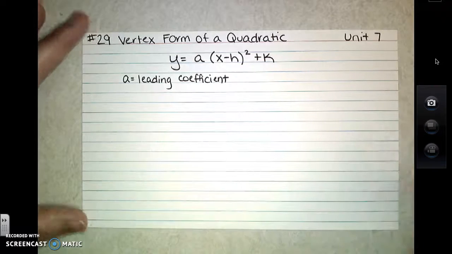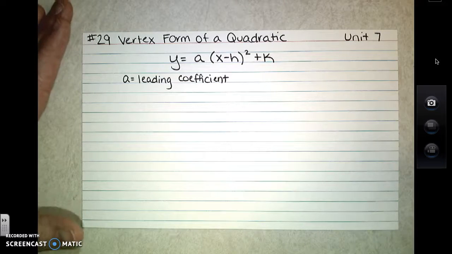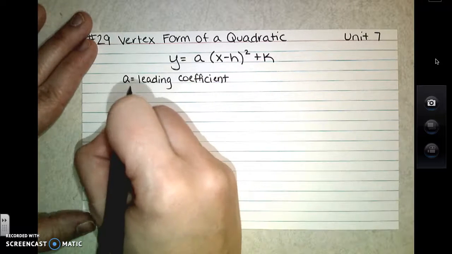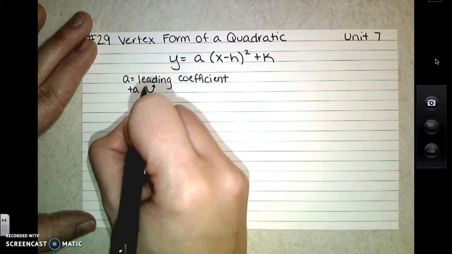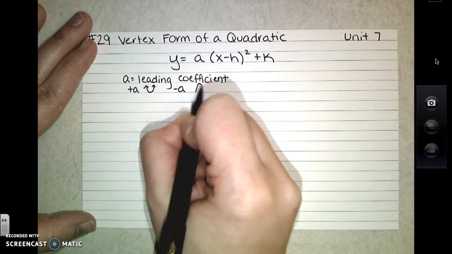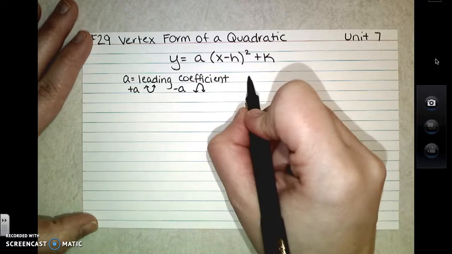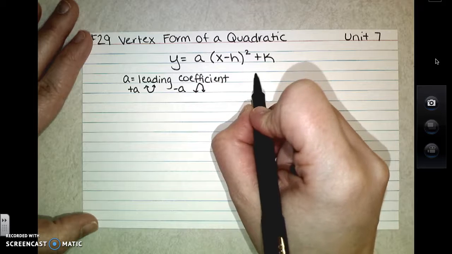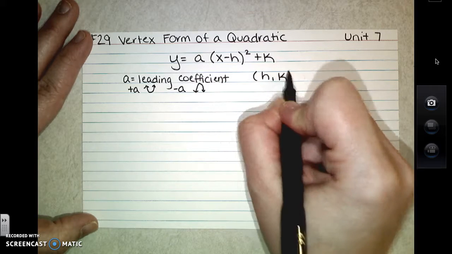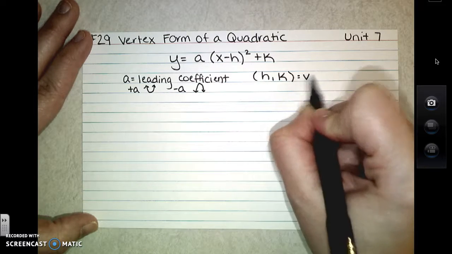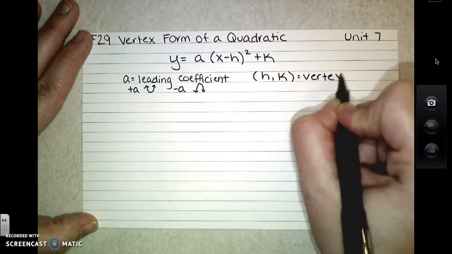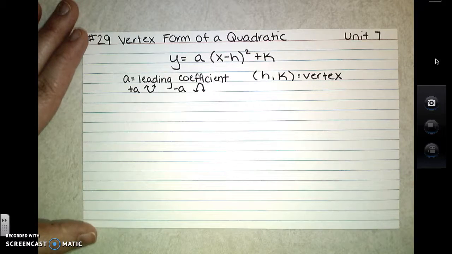The most important thing about the leading coefficient is that it tells us which way the parabola opens, right? So if it's a positive a, it opens up, and if it's a negative a, it opens down. So that's really the importance of that leading coefficient. Okay, and then we have (h, k) standing for our vertex.